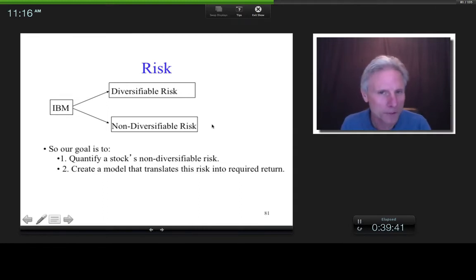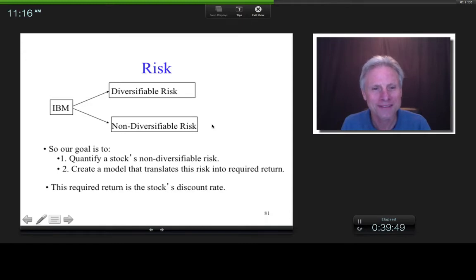And if that required return, as an example, ended up being 10%, then what would IBM's discount rate be? It would be 10%. And that was our goal, to figure out the discount rate for financial securities. And again, why do we care about that? Because it's highly related to what? The discount rate for the asset investment decision.